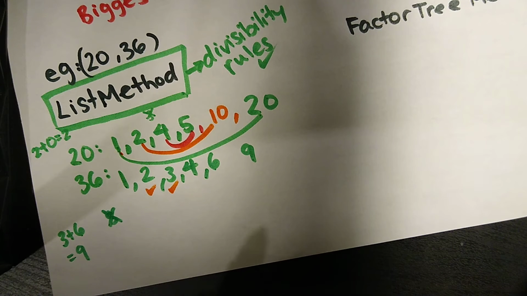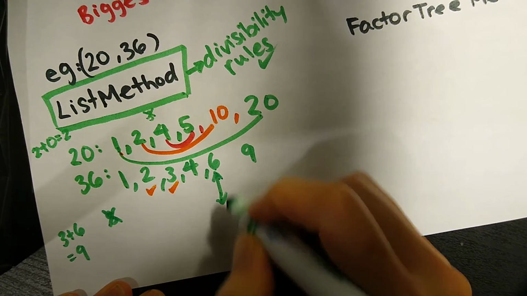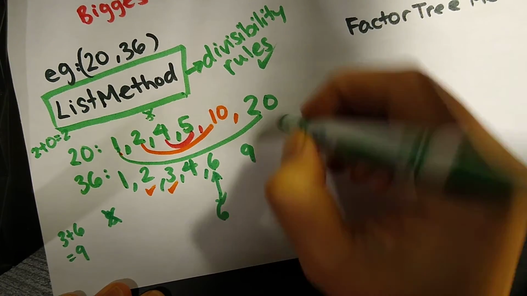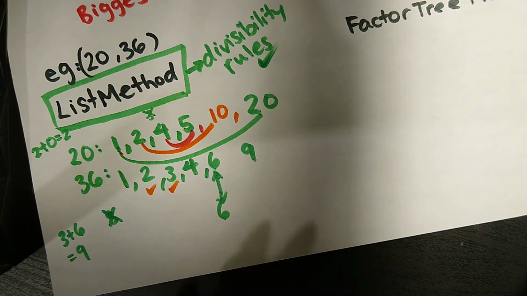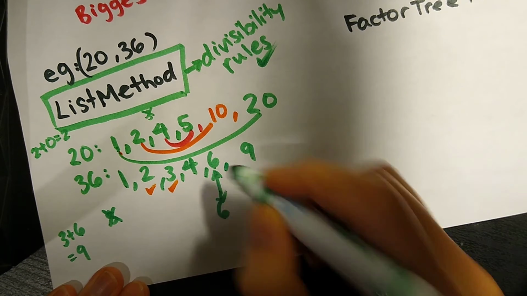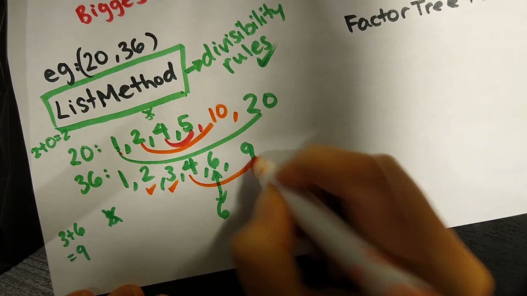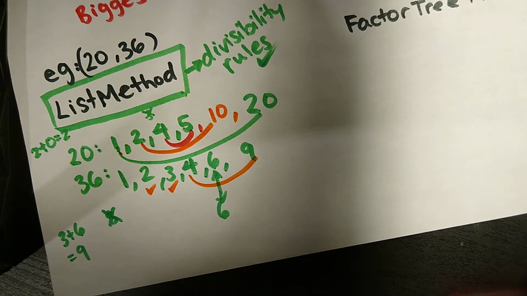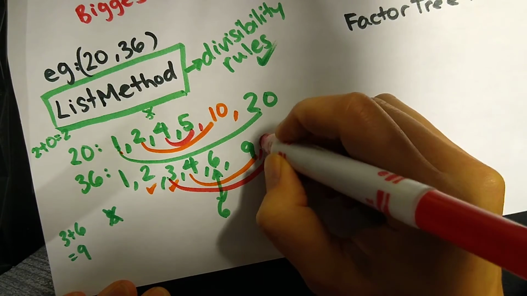And we know that 6's factor pair is 6 because 36 is a perfect square. So we're done again with our divisibility rules, and we can go on now to end our process by finding the factor pairs. 6's factor pair is itself. 4's factor pair is 9. Beautiful. 3's factor pair is 12.